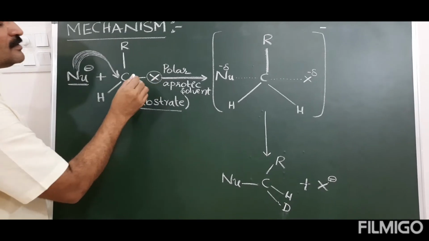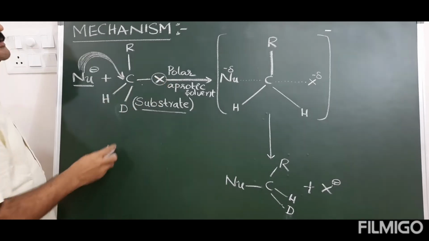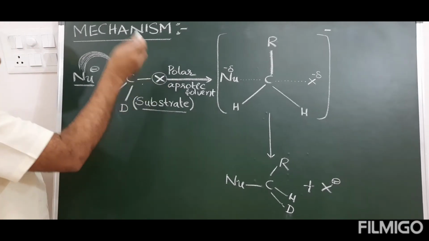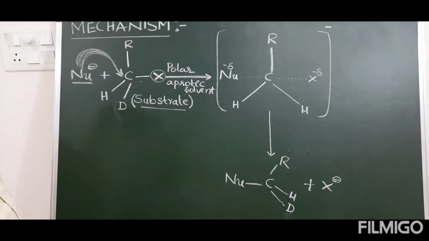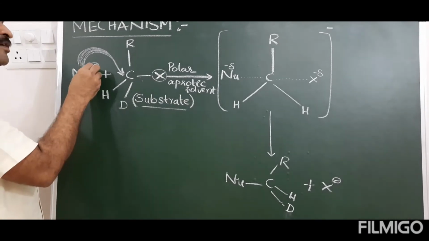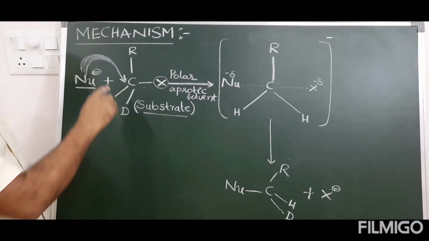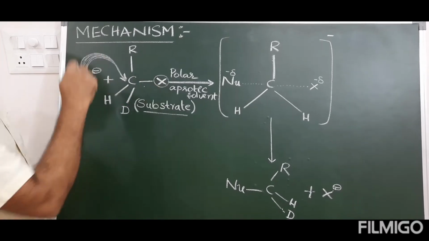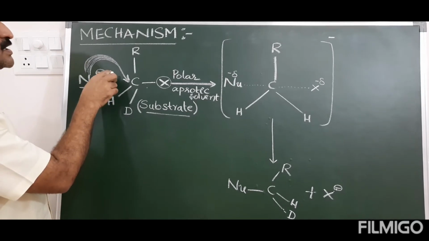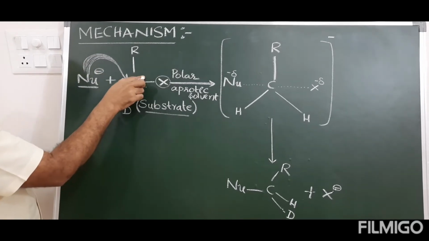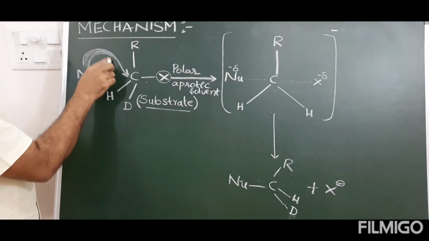During its leaving, some negative charge will develop on this X atom. The nucleophile already has either a negative charge or lone pair density, which causes repulsion with the leaving group. That's why it will never attack from the front side, so it will attack from the backside.